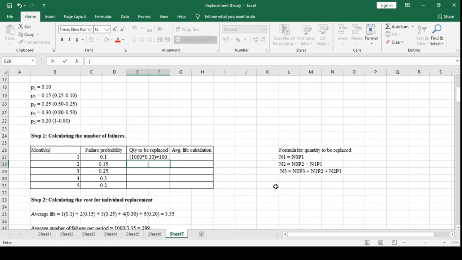That is n0 p2 plus n1 p1. n0 is 1000, p2 is your probability for the second month, that is 0.15, n1 is 100, which we calculated over here, and p1 is the probability in the first month, that is 0.1. So our answer will be 160.